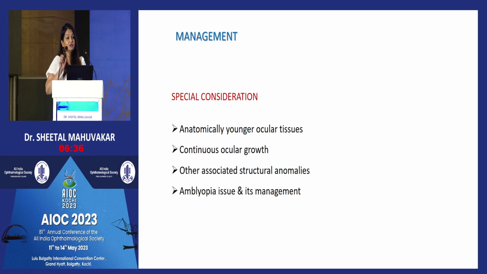For the management of congenital or pediatric cataract, there are some special considerations. These are anatomically young ocular tissues. There is low corneal and scleral rigidity, a very elastic anterior lens capsule, and continuous ocular growth. There could be a lot of associated structural ocular as well as systemic anomalies, and a big issue is amblyopia and its management.